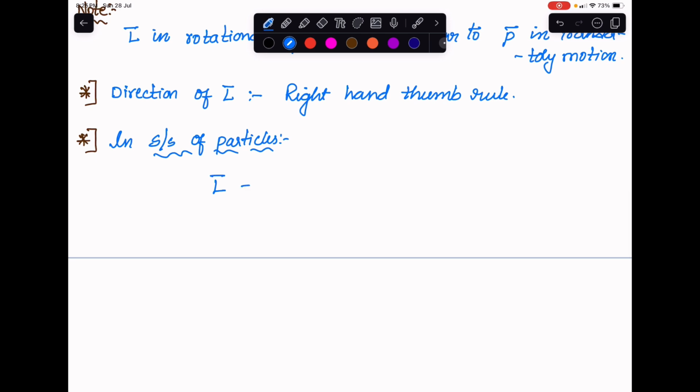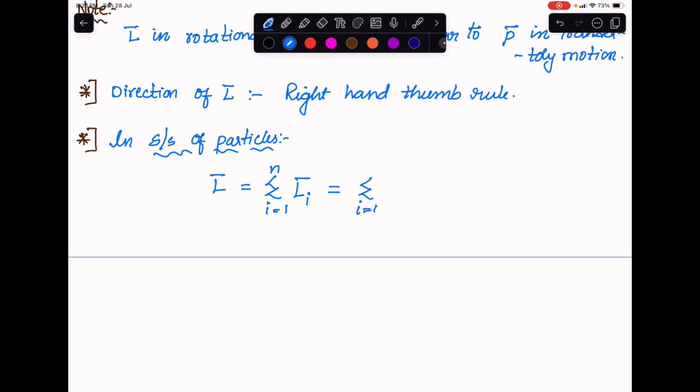L bar is equal to summation of i equals 1 to n of Li bar. So the sum of the angular momenta of each and every particle present in a system gives you the total angular momentum of that system. So directly I can write i equals 1 to n of r bar cross pi bar. This is the formula you can use.